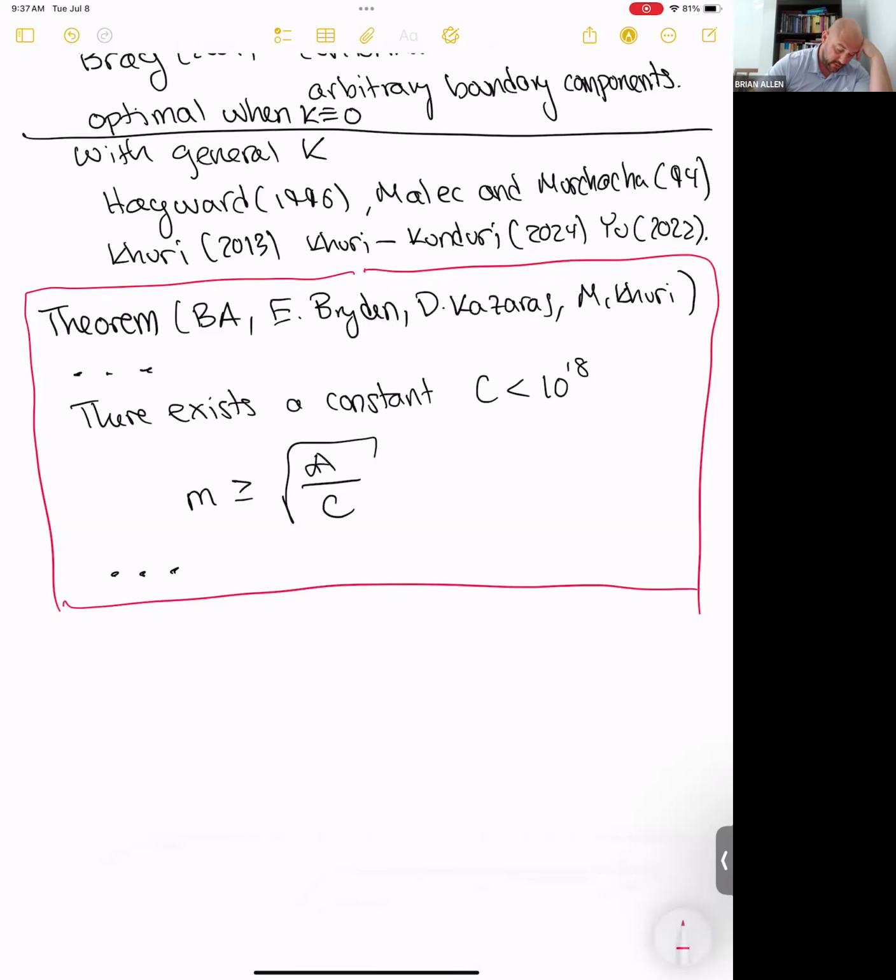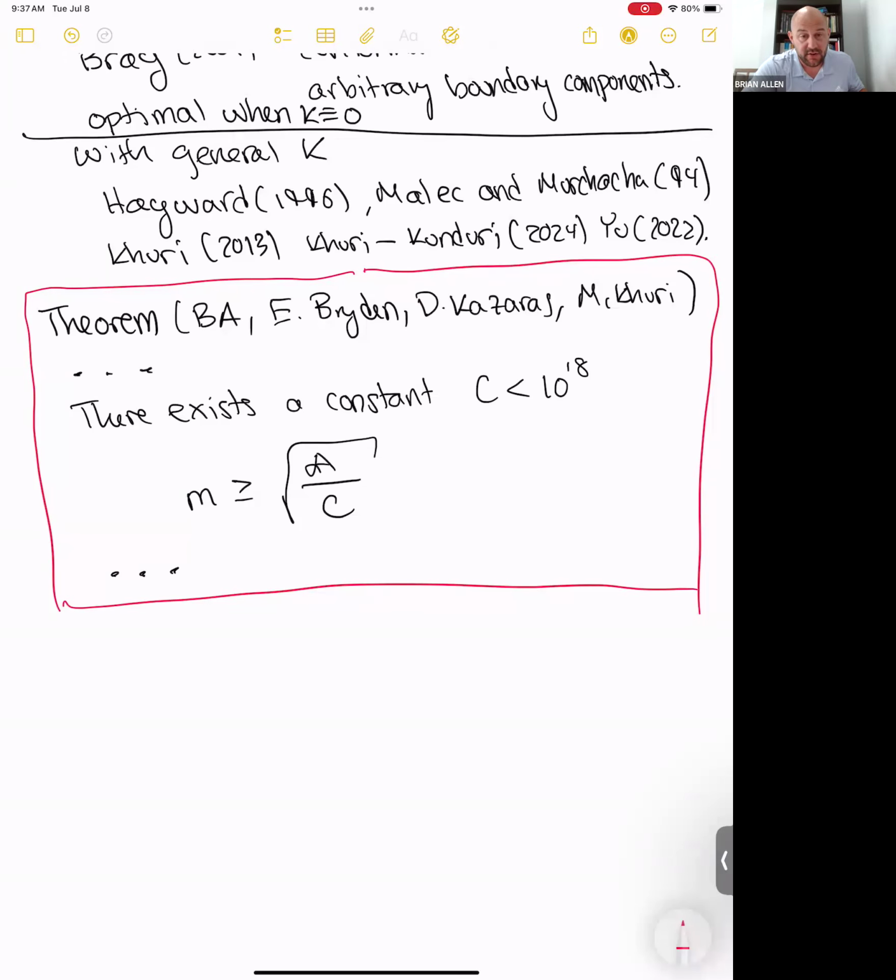Here, curly A is the minimal area of any surface outside of the outermost apparent horizon, as I defined for the conjecture. Again, the C is quite bad, but the strength of the theorem is that it holds in generality.